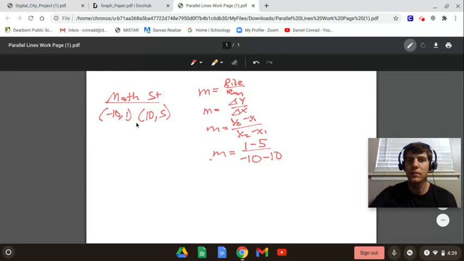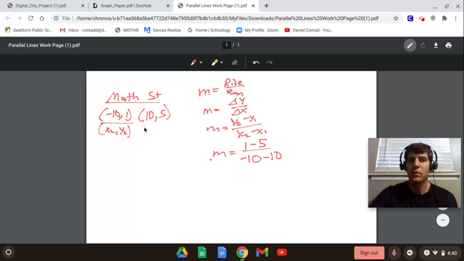Unlike the distance formula, it does kind of matter which order you put them in. If you pick the 1 from this point first, you have to pick that x coordinate first as well. Right? We can't do 1 minus 5 and then 10 minus negative 10. Okay, that's going to give us the wrong sign for the problem. All right, so this will be our x2, y2.